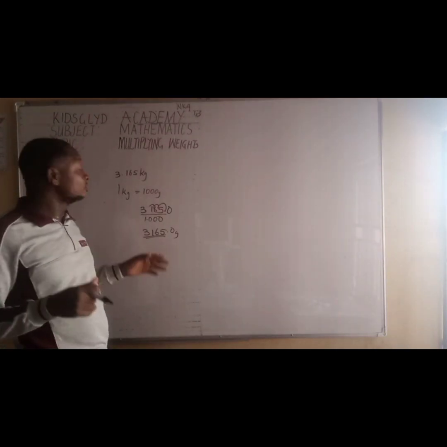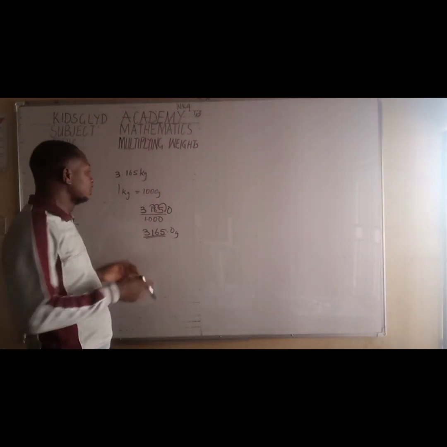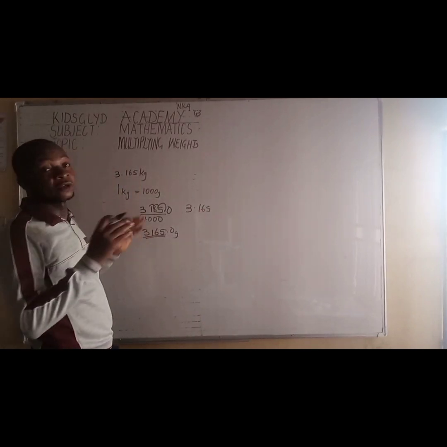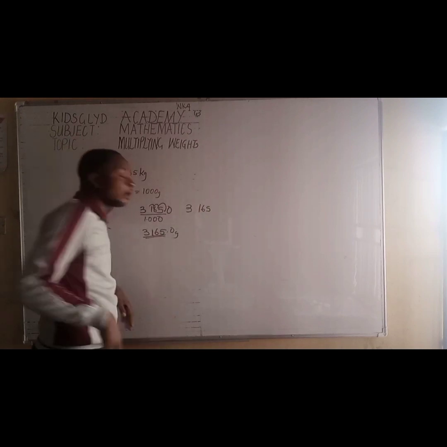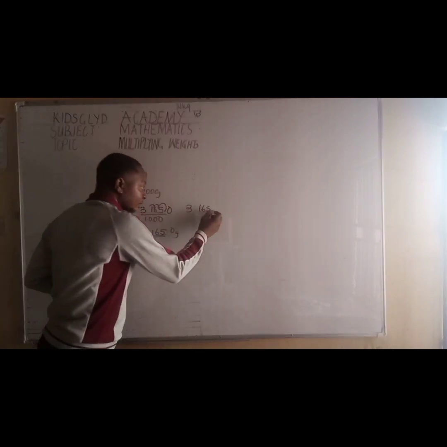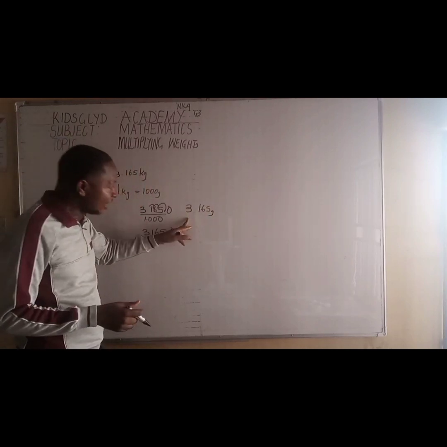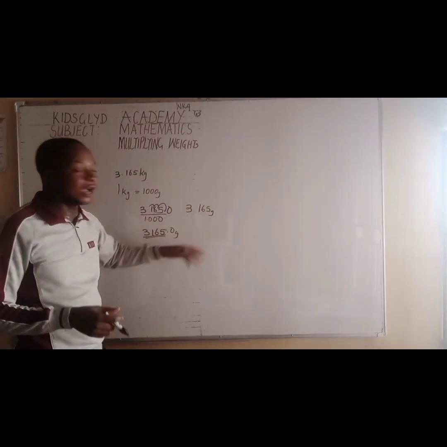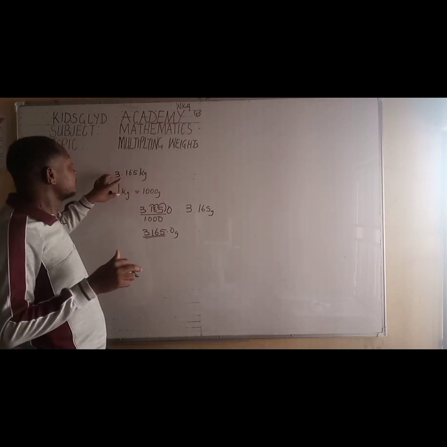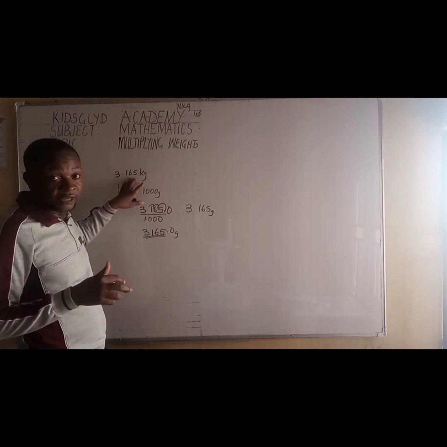Or, to make it even easier, just remove the decimal point. It becomes 3,165 grams. In kilograms you have 3 point, that means 3 kilograms and 165 grams.